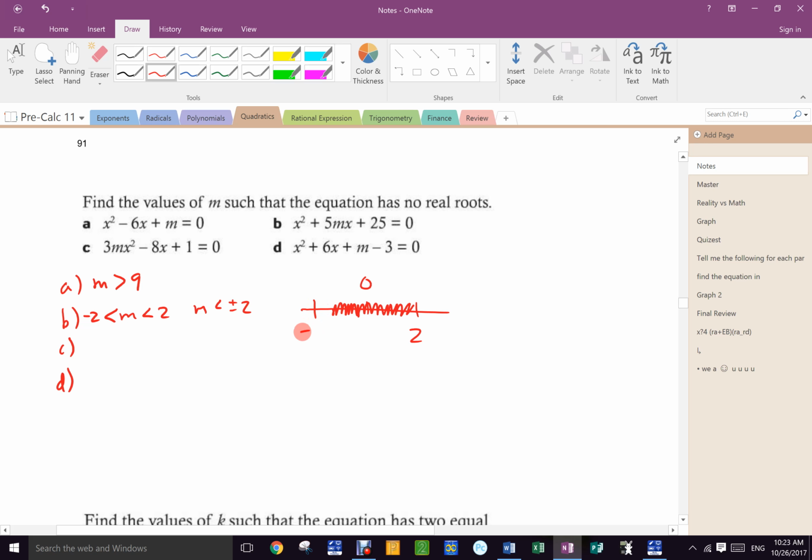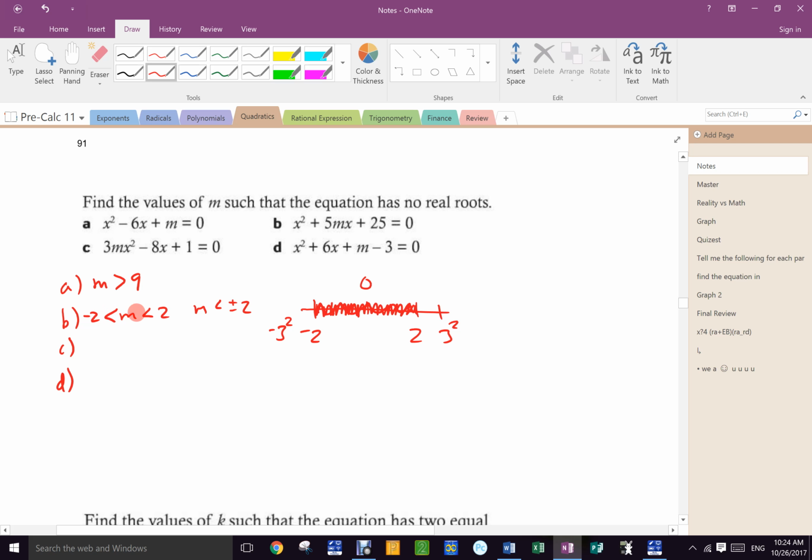But when I get down here to -2, the next integer is -3, and -3 squared becomes positive, yes? Which would be the same thing out here at +3, because that squared is 9 and that squared is 9. So I have to be in the middle here. m less than 2, but -2 has to be less than m.